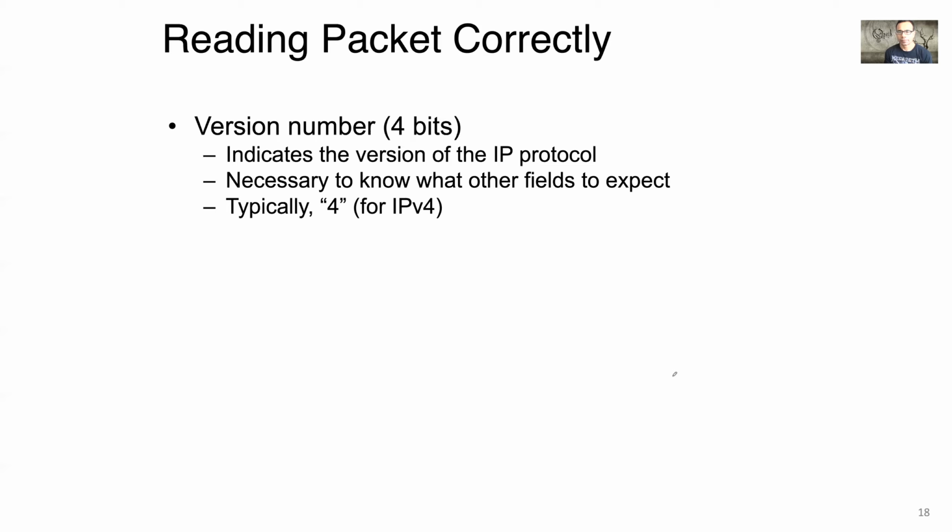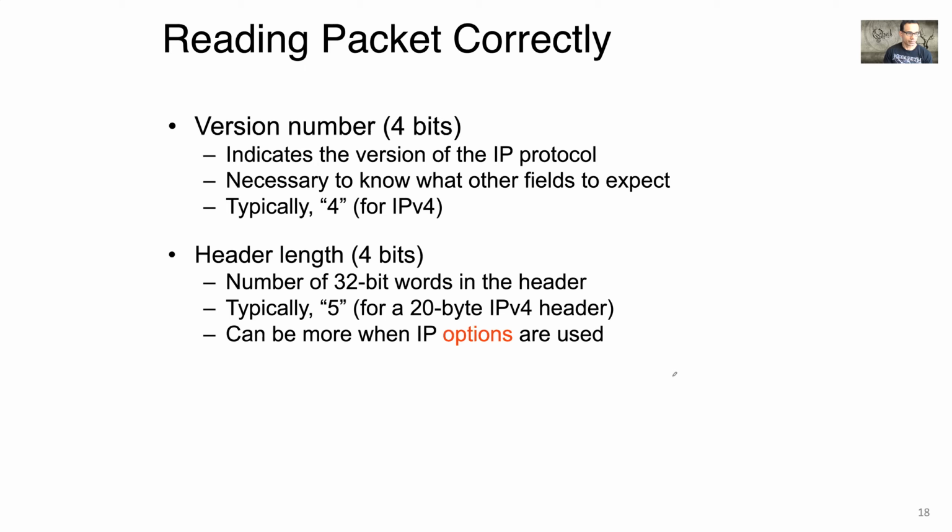So today's discussion will exclusively focus on IPv4. I'll briefly talk about version 6 next week, right? So this is basically the number, the version. So the receiving router knows which IP protocol it is, because the packet formats are different for IPv4 and IPv6, right?